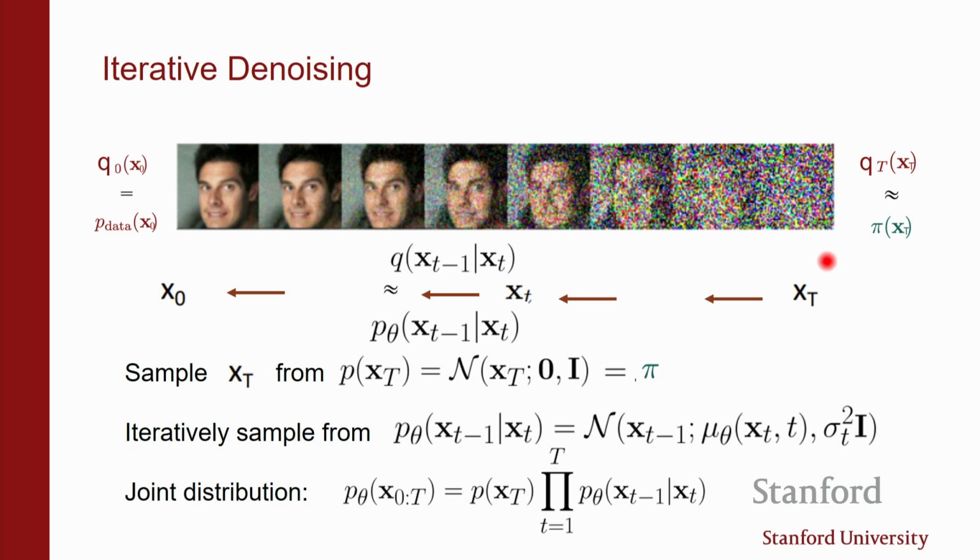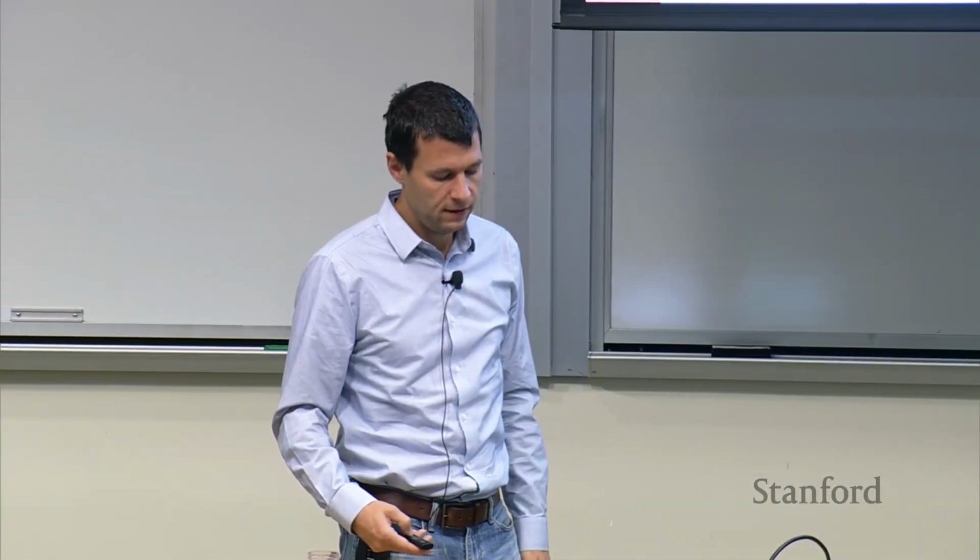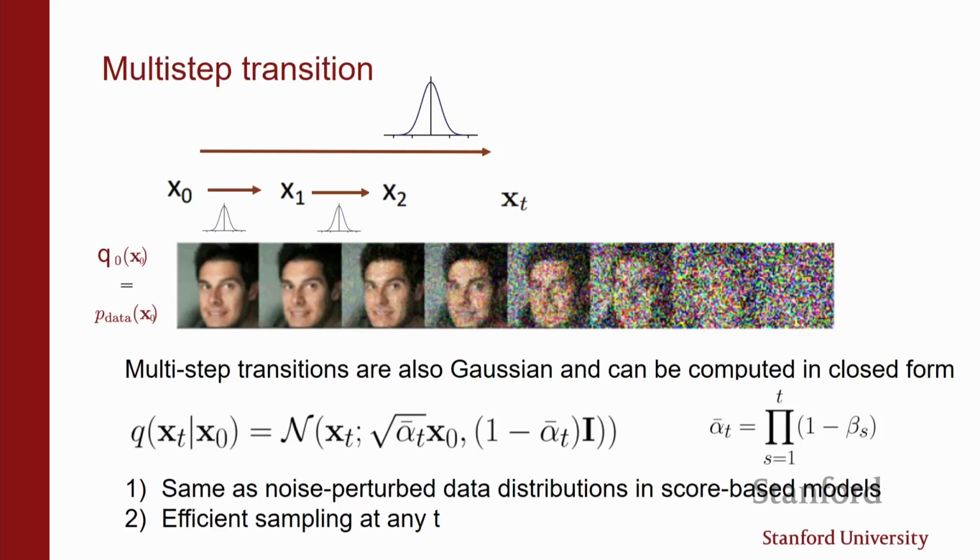And then you would sample all the remaining variables one at a time, going from right to left by sampling from these conditionals, which are all Gaussian with parameters defined through some neural networks. The key thing here is that we choose the parameters, so we choose this alpha t such that basically there is no signal to noise at the end. And so you are basically left with pure noise.